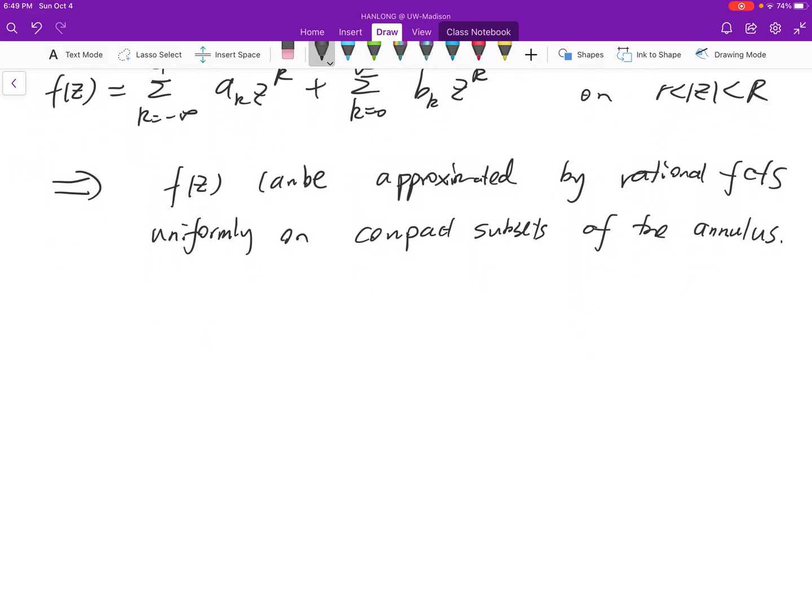So these two examples exhibit two kinds of approximation. First one, if you don't have topology, then you can use polynomials only. And second one, if you do have topology, probably polynomials are not enough. The best you can hope is rational functions.